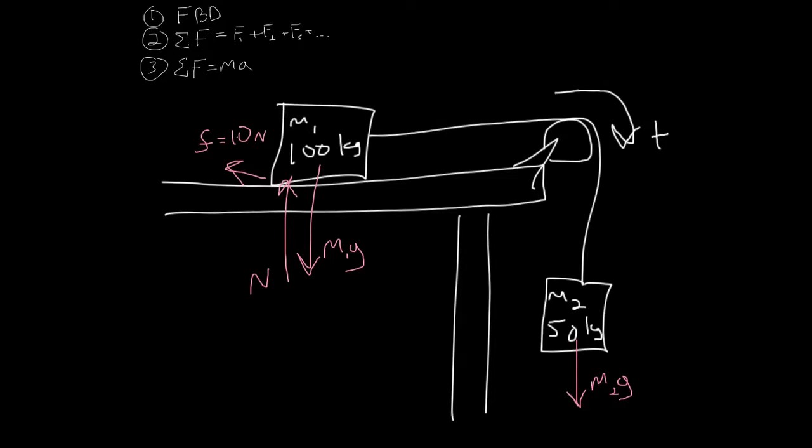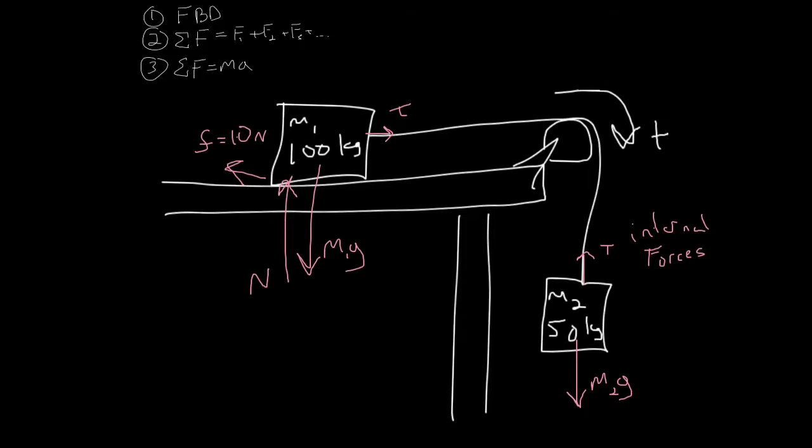Now, we could consider the fact that the string is pulling this block and the string is pulling this block up, but these are internal forces. So there's tension here and there's tension here, but these are internal forces. Anytime we have internal forces, we're not going to consider those. I really need to get a stylus for this. I'm writing with my finger and it looks terrible, but we'll make do.